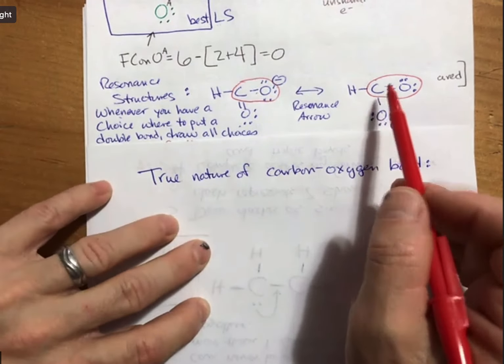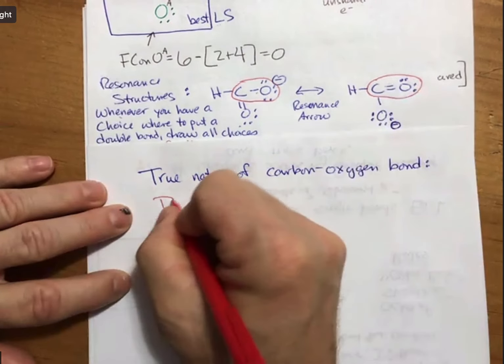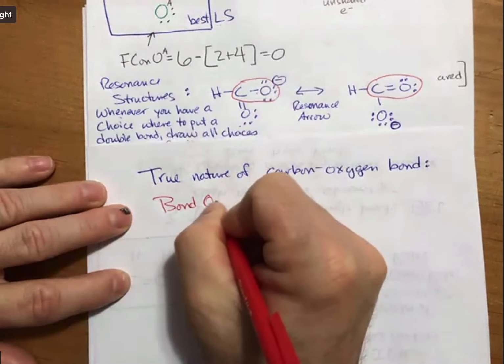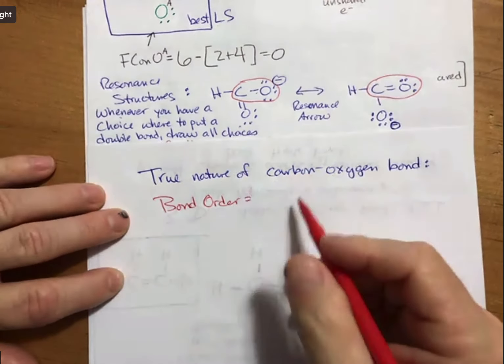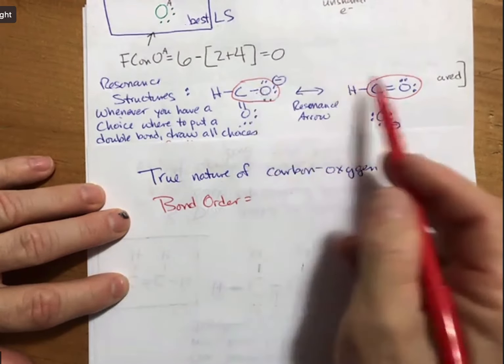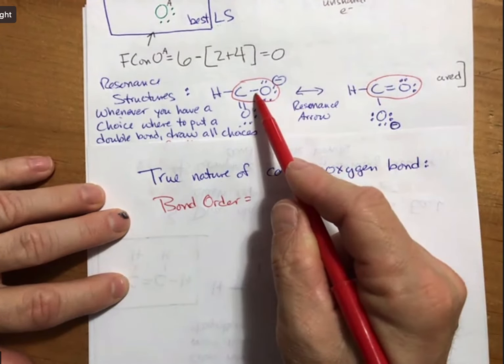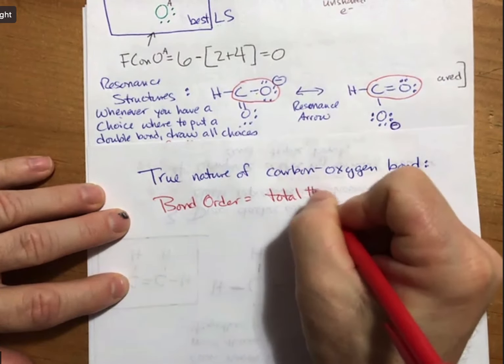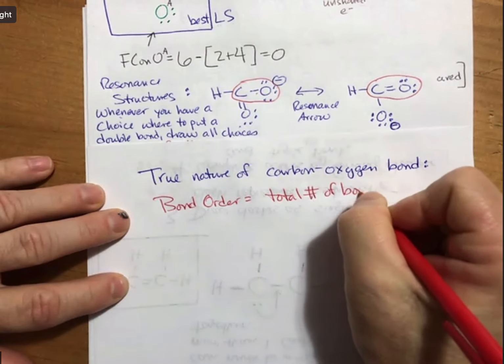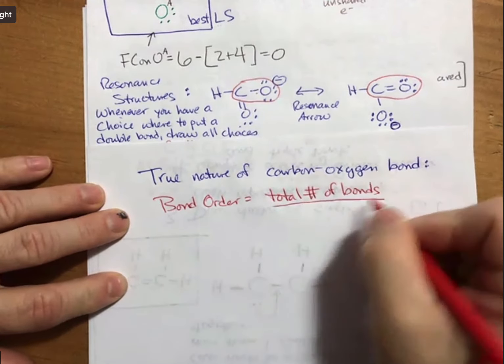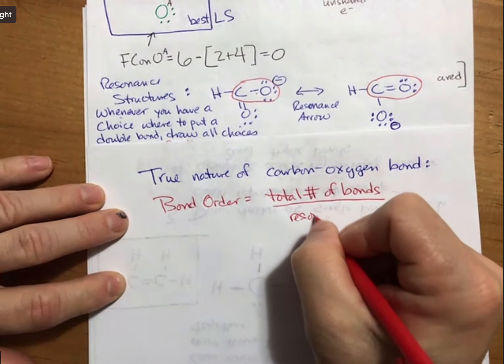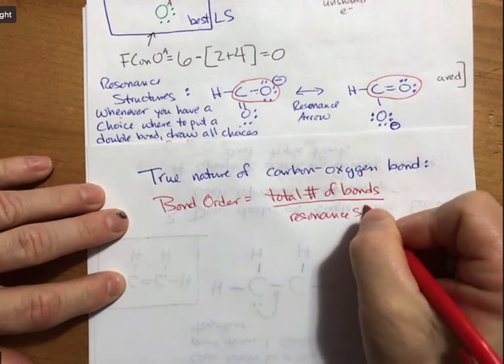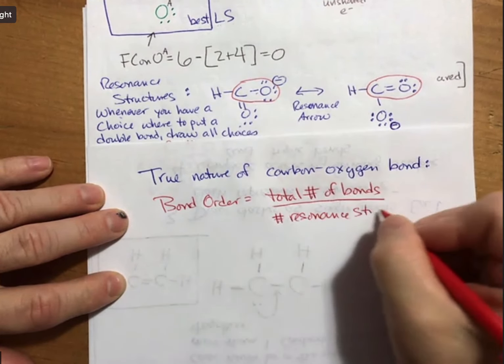And then what you're going to do, what's called the bond order, is you calculate the total number of bonds, divided by the number of resonance structures.